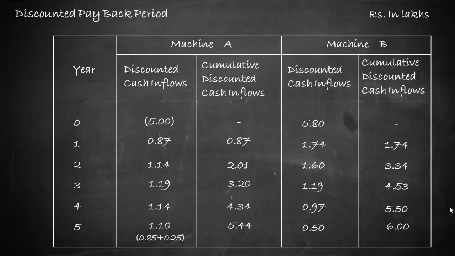In mission B we are concerned about the recovery of the investment of 5.8 lakhs. Is it not? Here it is 5.8 lakhs. So at what point is this 5.8 lakhs recovered? If you compare, in the fourth year 5.5 lakhs have been recovered. In the fifth year it has touched 6 lakh. It has crossed 5.8. So for mission B also the payback period is between 4 and 5 years.